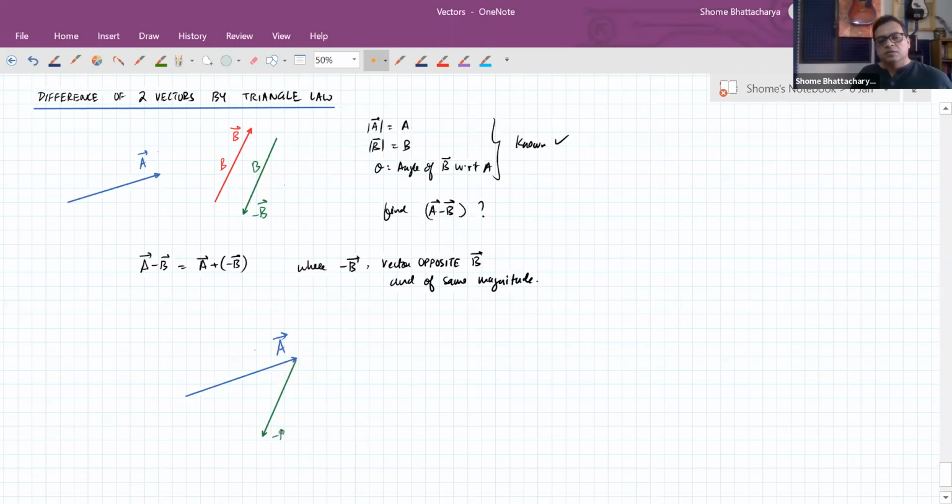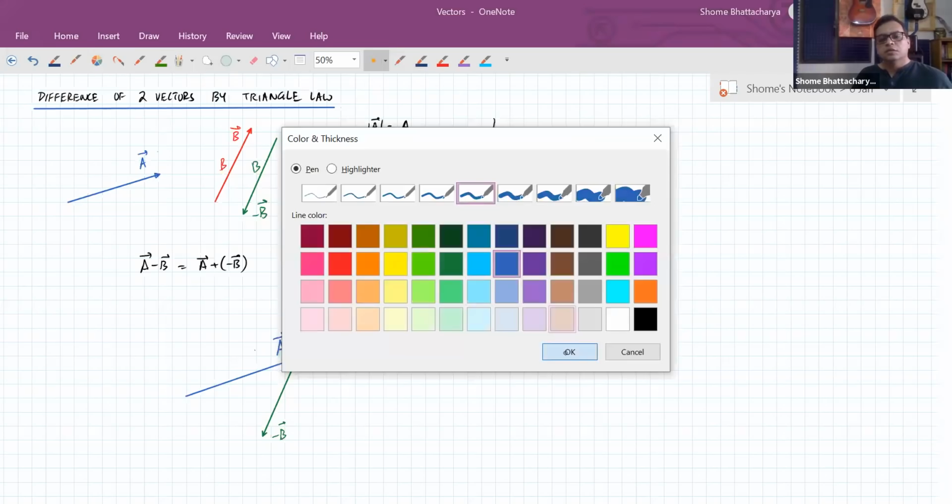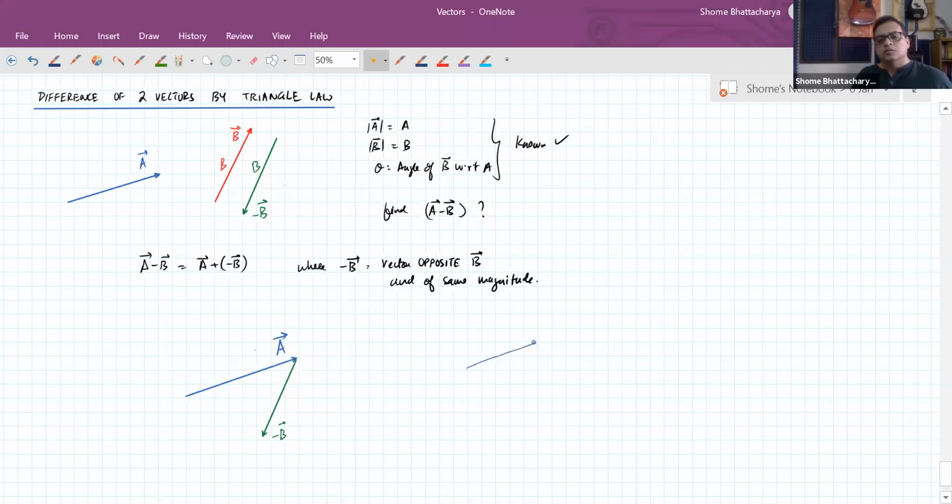So this is the vector minus B now. Also notice that if we had placed the vector A and B together, then the angle made by A with respect to B, that was theta. So for the vector A placed with the vector B like this, this angle here was theta.